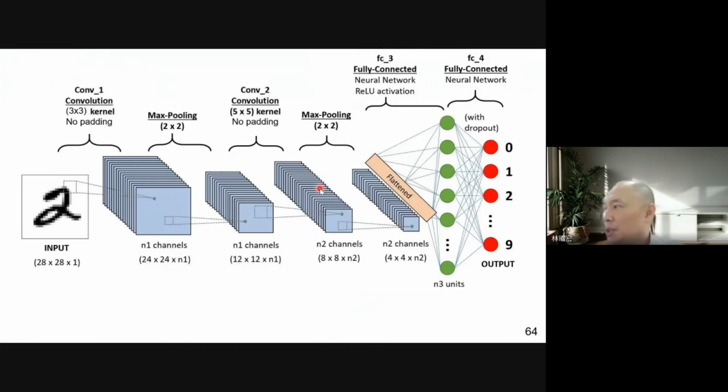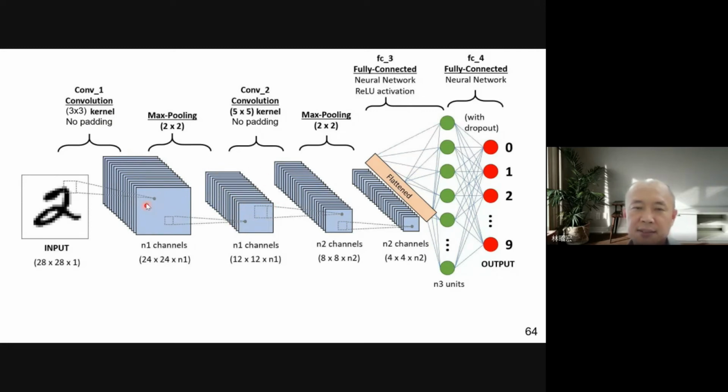The structure will look like that. Okay, it's an input, again 28 by 28, one channel. And here is a designed convolution layer with a 3 by 3 kernel. And here is a pooling.